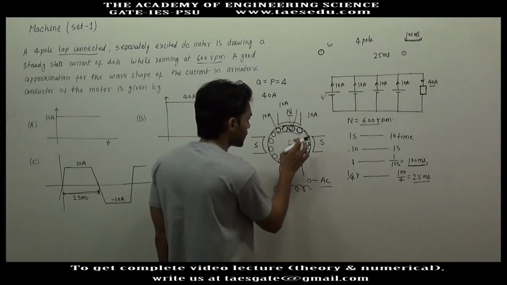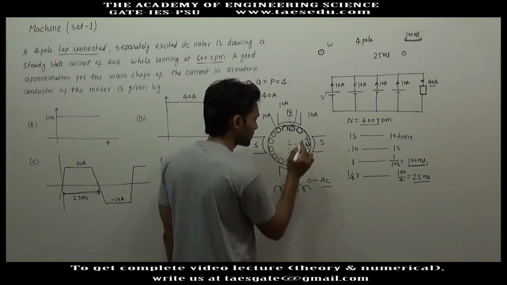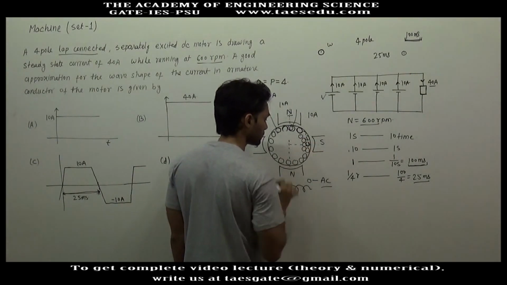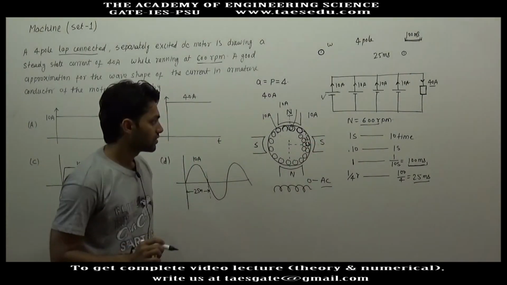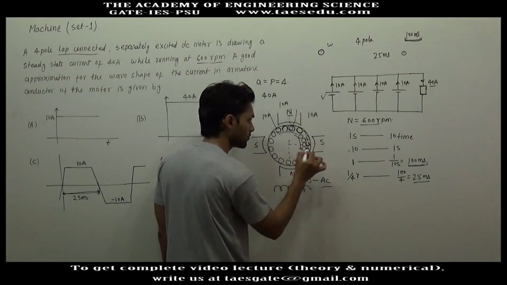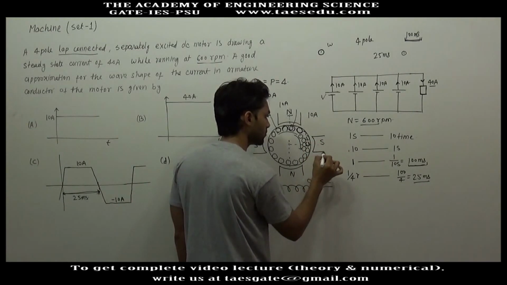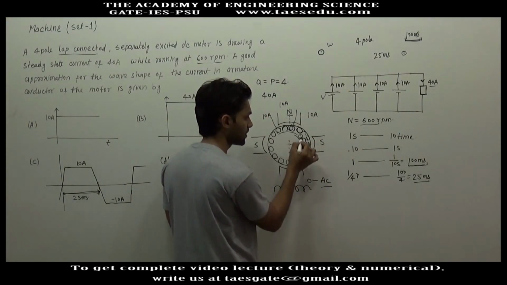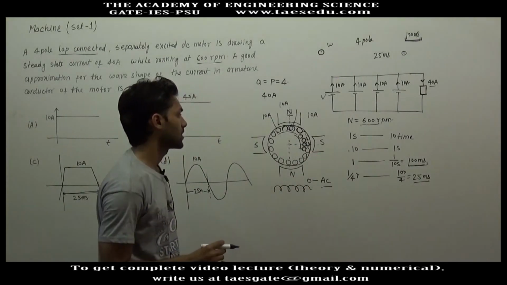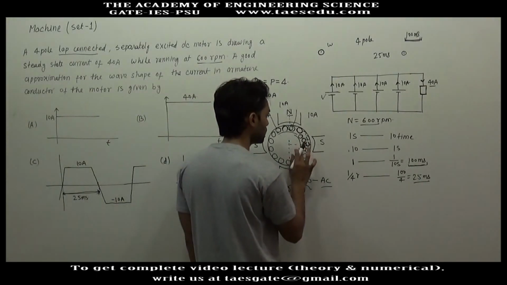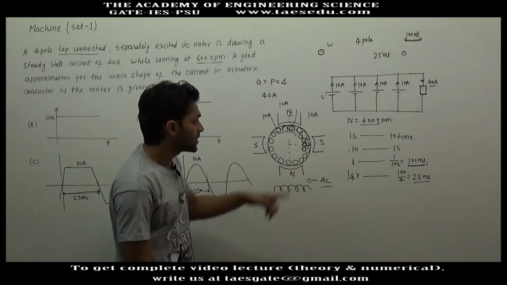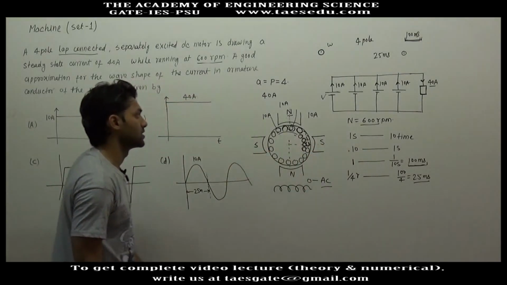Now after rotation, when these 4 conductors come in the influence of south pole, obviously the polarity of the generated voltage will be reversed, and the current generated in these conductors will be in the opposite direction.